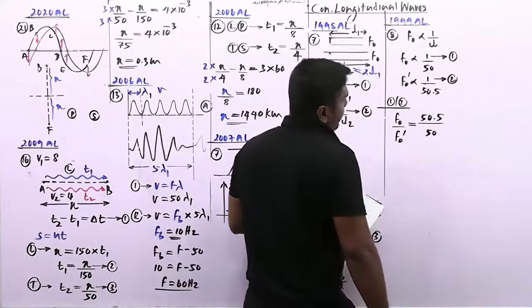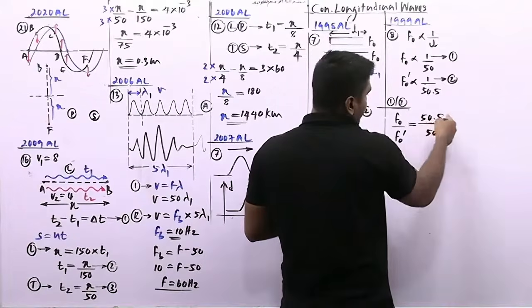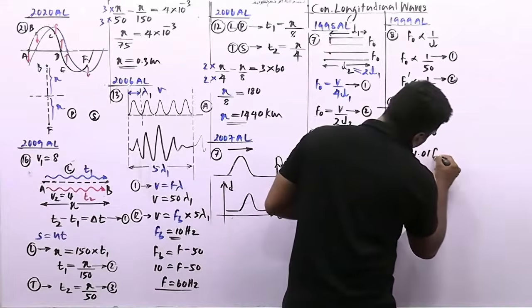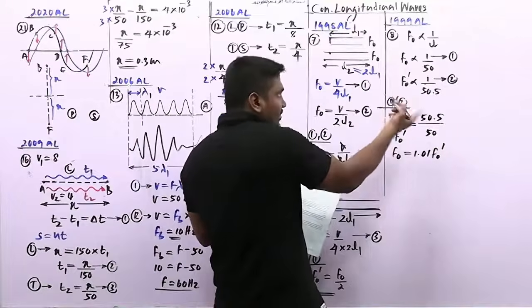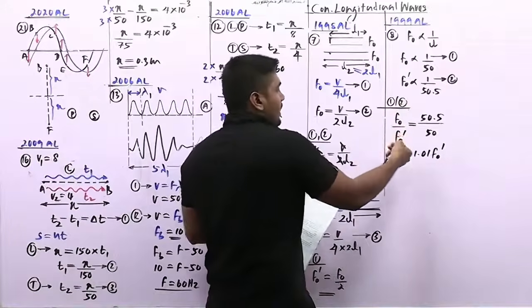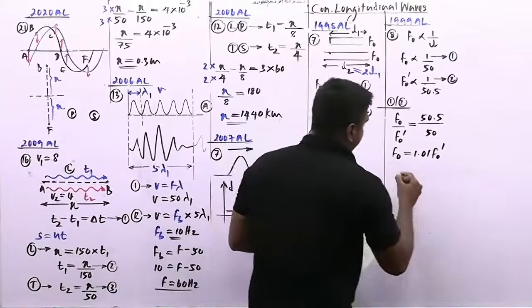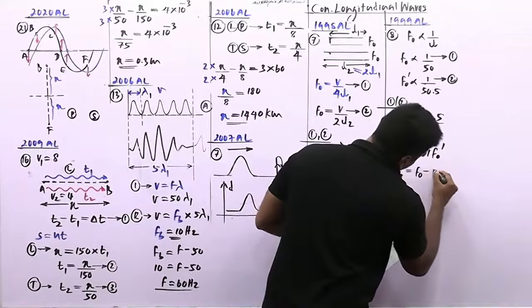which is 1.01. F naught equals 1.01 F naught dash. Then beat frequency means F naught minus F naught dash.